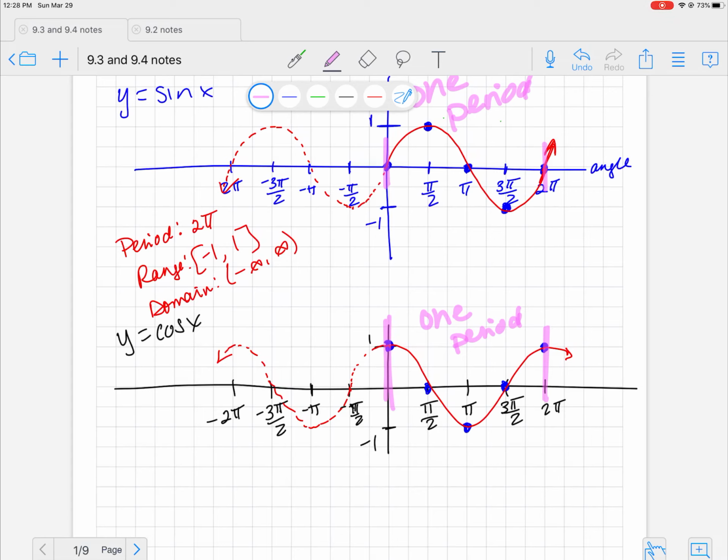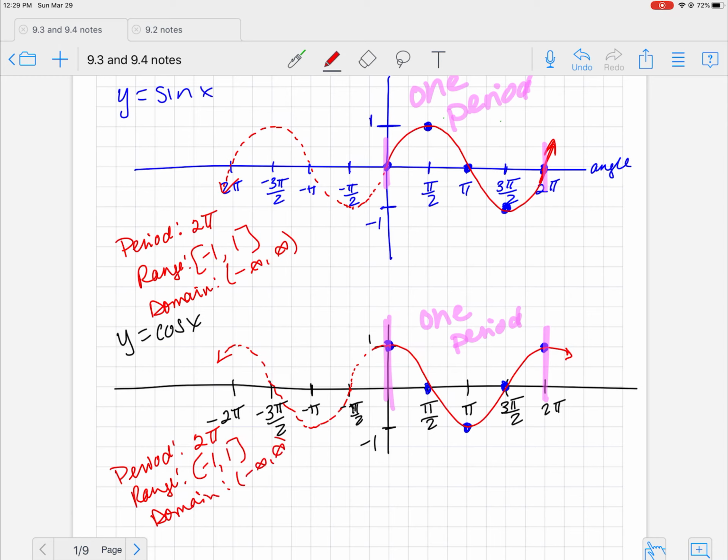So if I'm looking at cosine from here to here, this is also one period of cosine. Meaning, if I'm looking at my specs here, the period of cosine is also 2 pi. My range of cosine is what? Yeah, -1 to 1. Same. What about my domain? Good job. It's also from -infinity to +infinity because it's infinite, right?